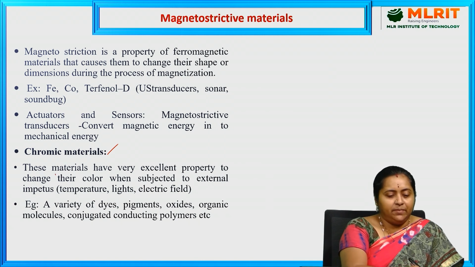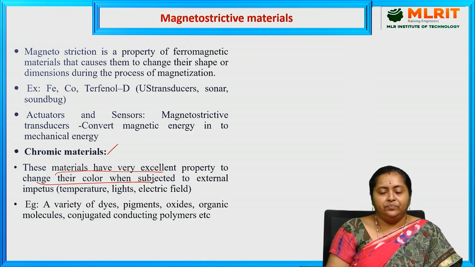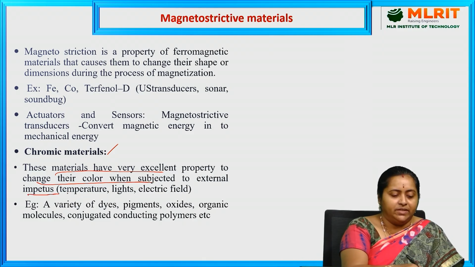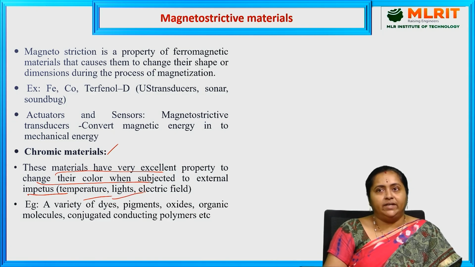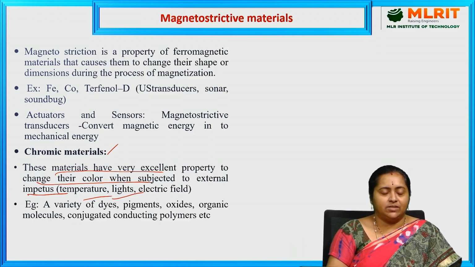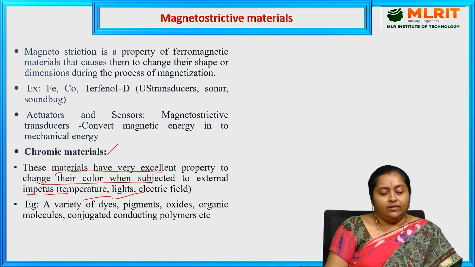So these are the materials that have excellent properties to change their color when subjected to external stimuli, or we will call it impetus. For example, temperature, two examples we just discussed. And then with respect to light also, like sunglasses or eye spectacles, whenever light irradiation takes place on the glass, then immediately it is able to change the color of that lens.